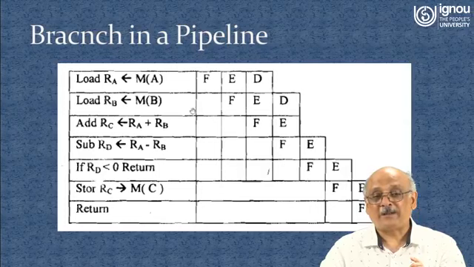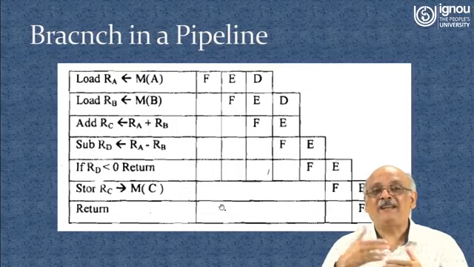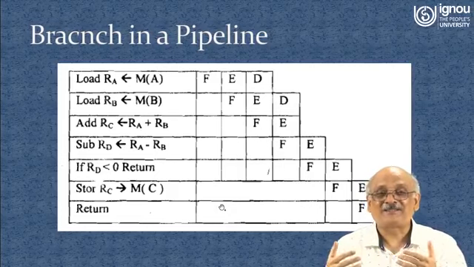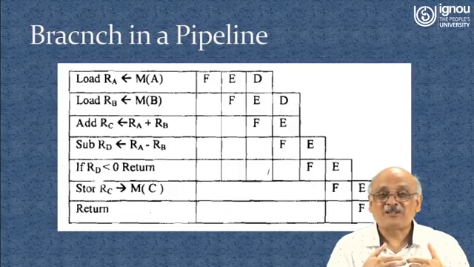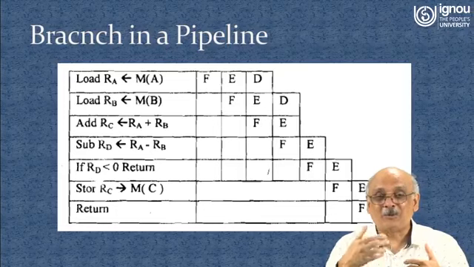Suppose the branch is not to be taken and return has to take place at this particular point of time, then this pipeline is to be emptied, and emptying a pipeline will require extra cycles and extra circuitry, and extra circuitry once again makes a simpler RISC processor much more complex.